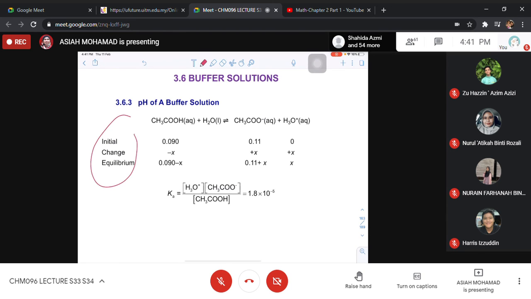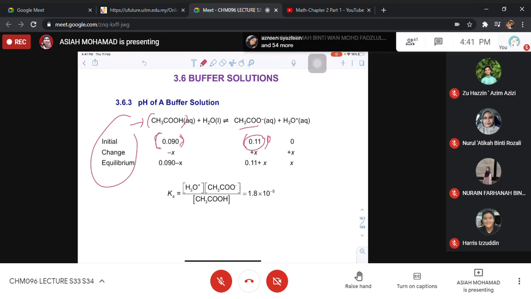Most of the time, if you have the equation CH3COOH in water producing the conjugate, we only have this concentration, but here, before this, the calculation is 0, because there is no buffer, it is only with acid or any salt. But in this buffer, the difference is you have two values. So there are two types of calculation.